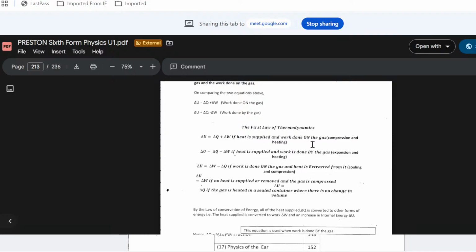If work is being done on the gas, that has a positive effect on internal energy. If work is being done by the gas, it's negative.